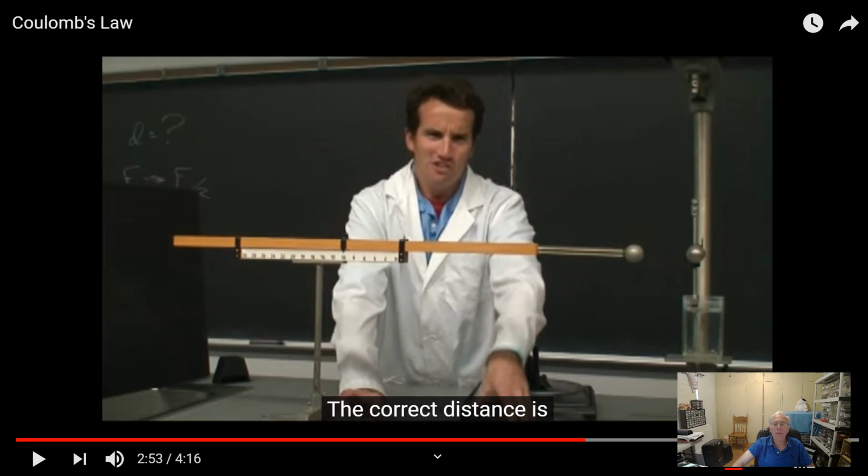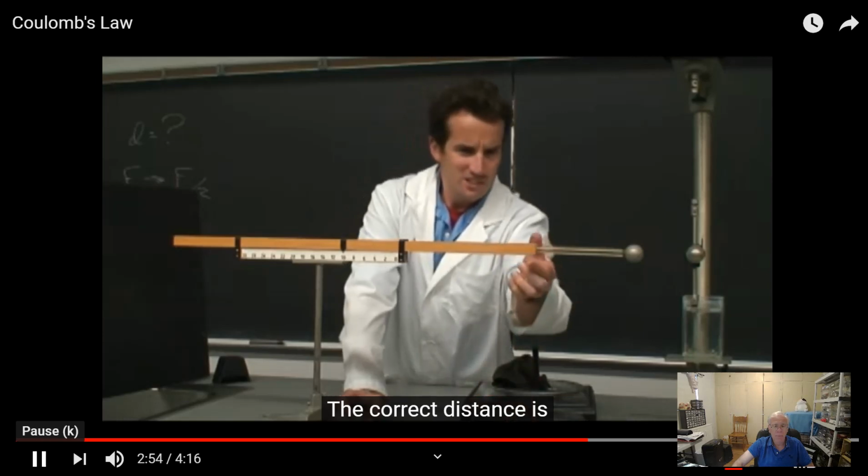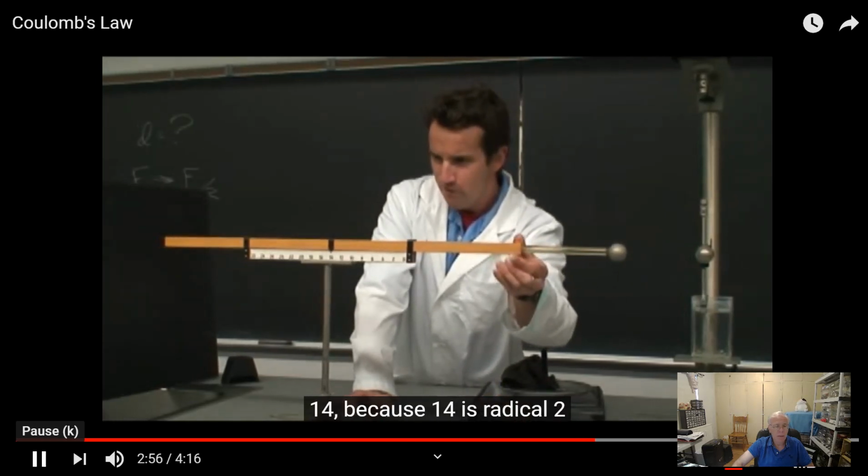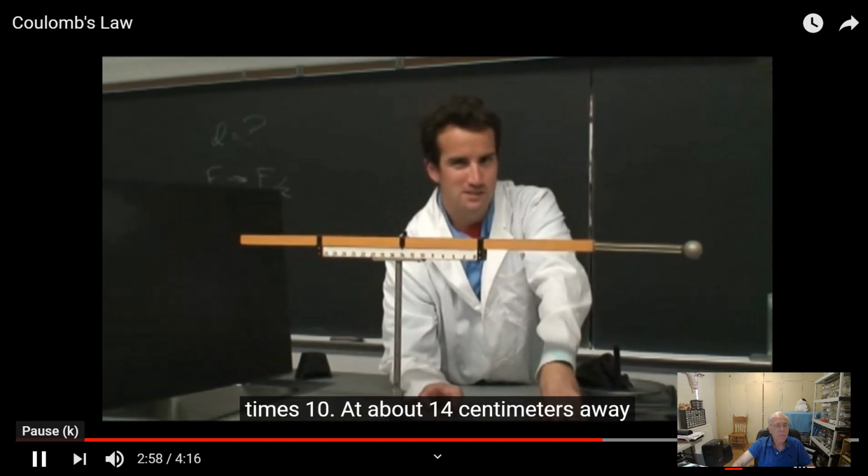Because the static force goes down as the square of the distance, to get half of the force you do not have to double the distance. You have to do a little bit less: square root of 2 times the distance. So from 10 centimeters, he's going to move about 14 centimeters away. The correct distance is 14, because 14 is radical 2 times 10.